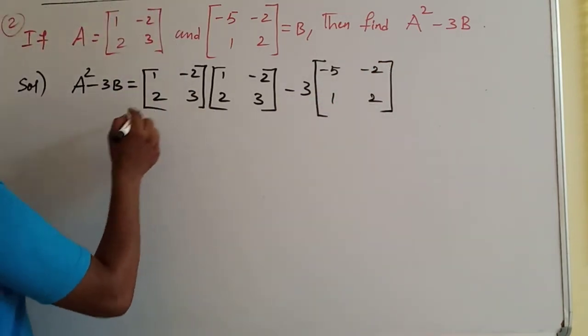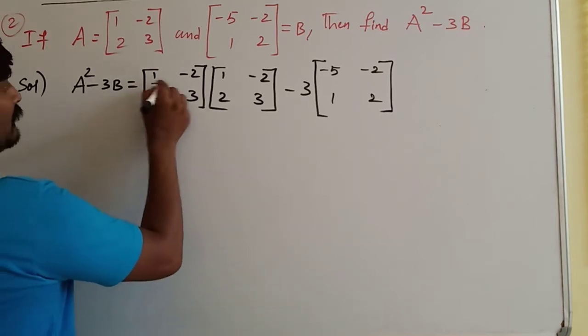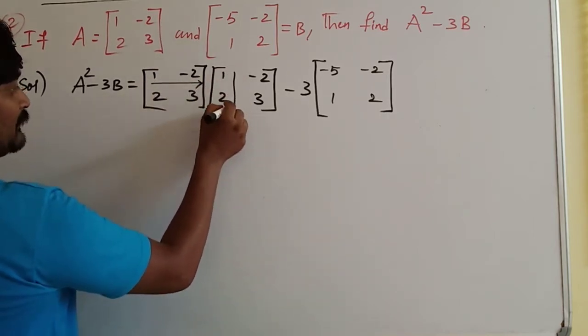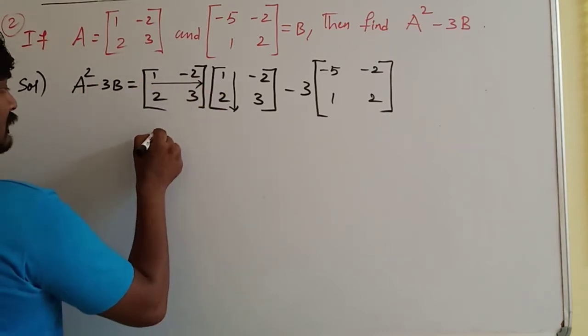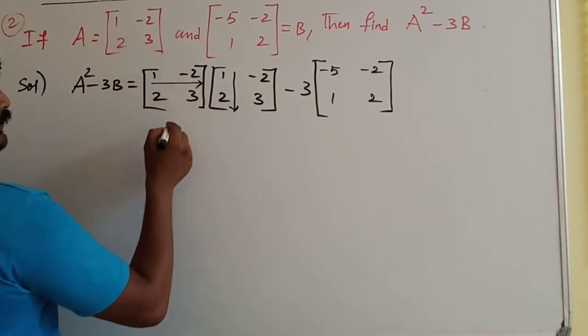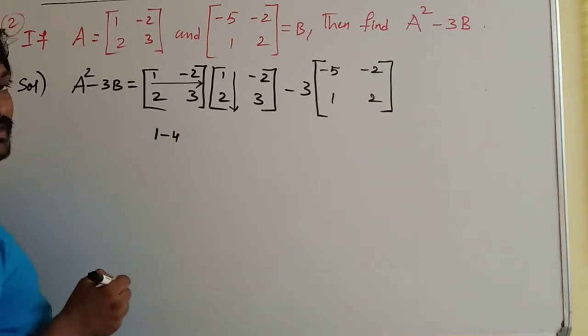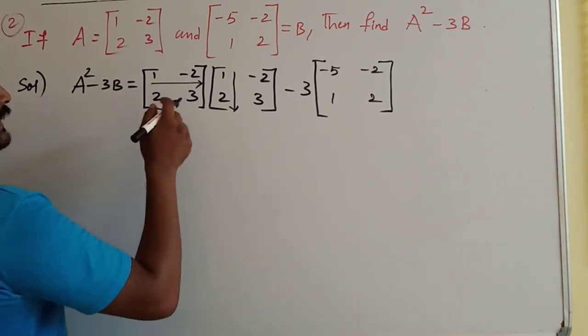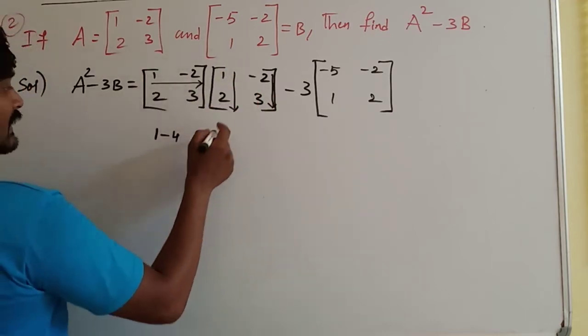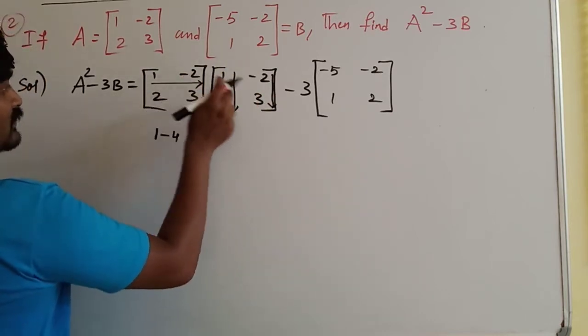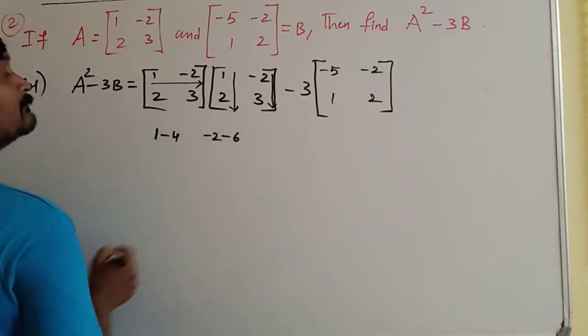Now just multiply. You know how to multiply. The first row multiplied with the first column gives the first element. So 1 one is 1, minus 2 into 2 is minus 4. So the first element is completed. Now the second element, first row, second column: 1 into minus 2 is minus 2, minus 2 into 3 is minus 6.